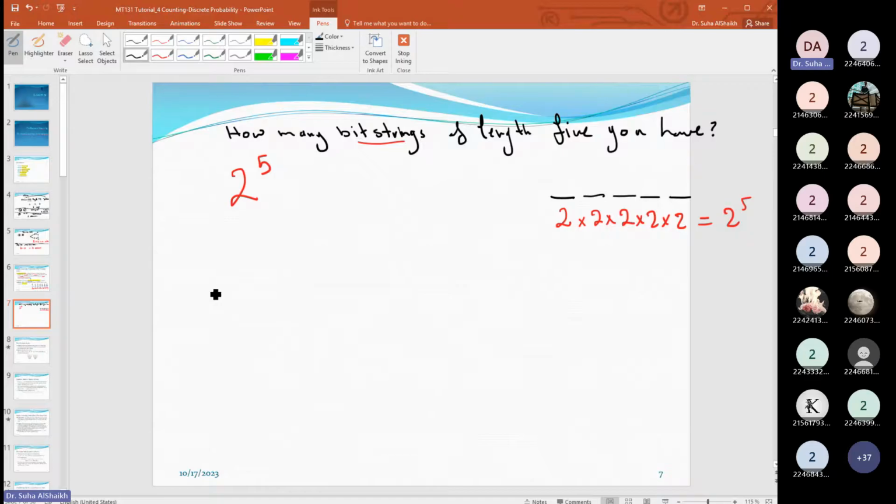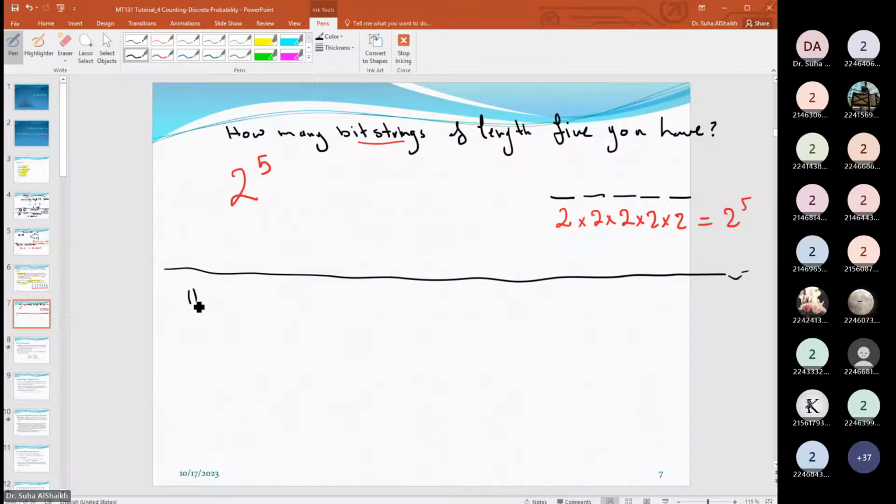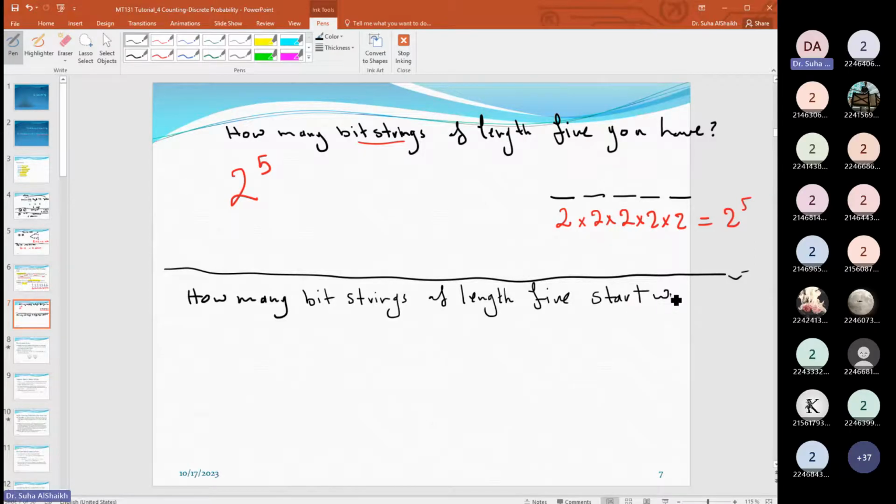So the answer is 2 to the power 5. Yeah? Okay, if I ask you this question, how many bit strings of length 5 start with 1 0 do we have?